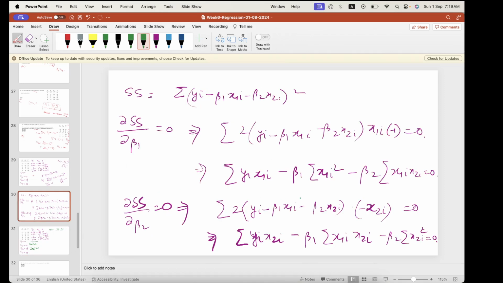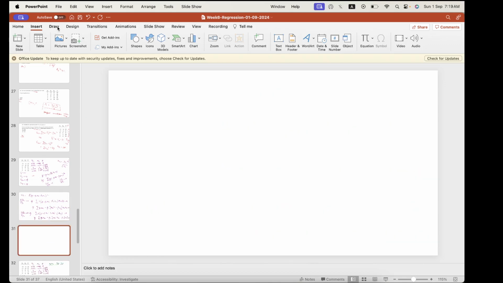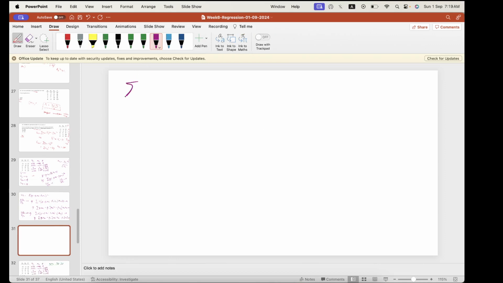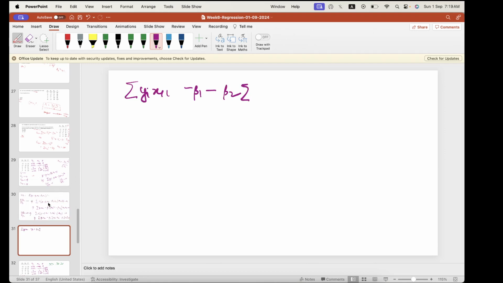Okay, so from here we can write that summation yi x1i minus beta 1 minus beta 2 summation x1i x2i equal to 0, and here summation yi x2i minus beta 1 summation x1i x2i minus beta 2 equal to 0.